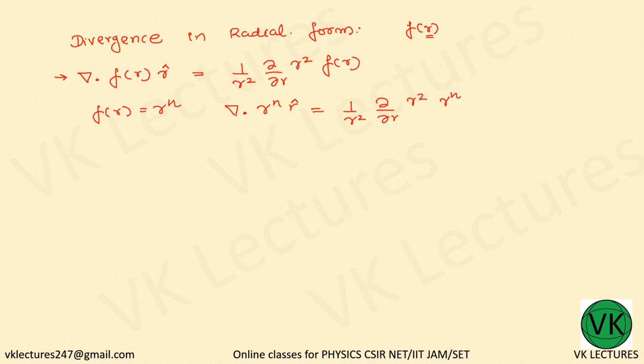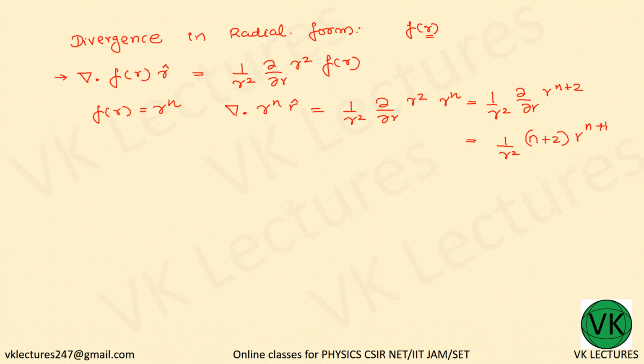So what is this? This is 1 by r square dou by dou r of r to the power n plus 2. So this becomes 1 by r square, n plus 2 times r to the power n plus 1.